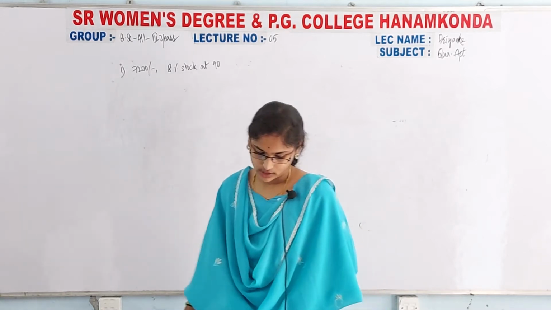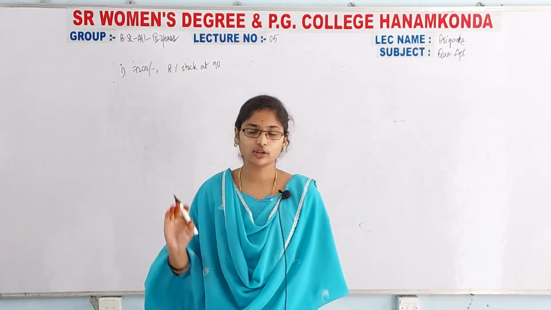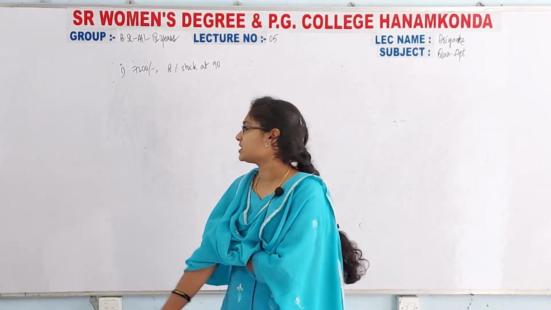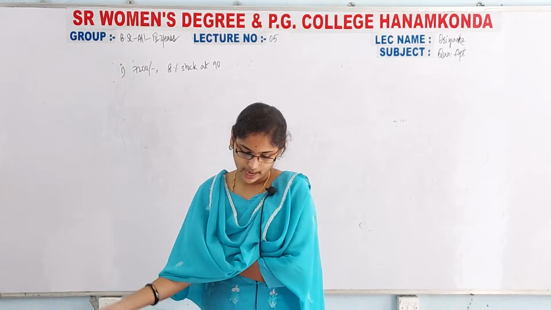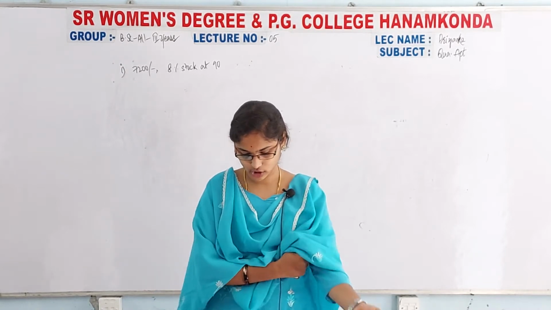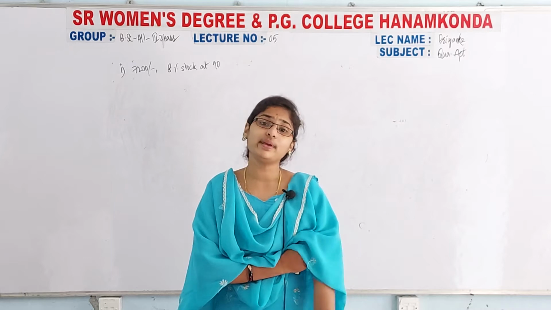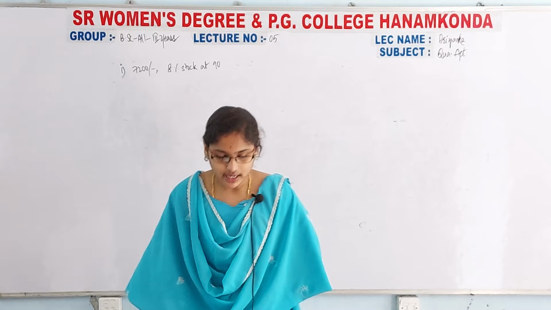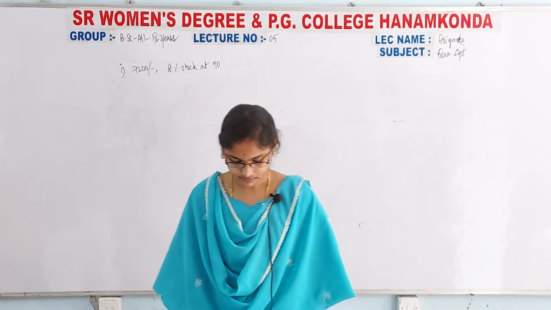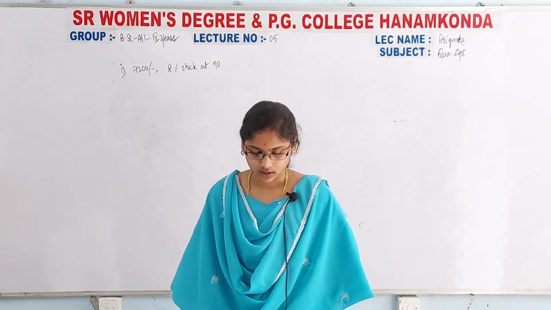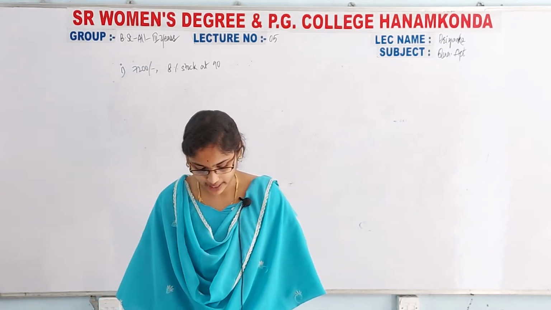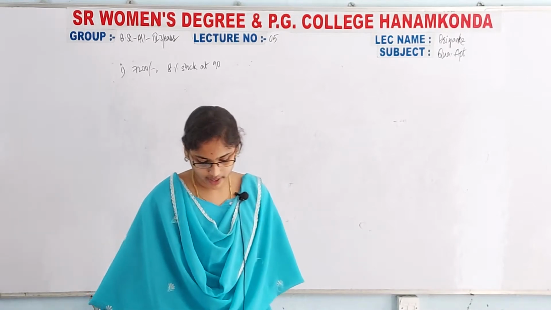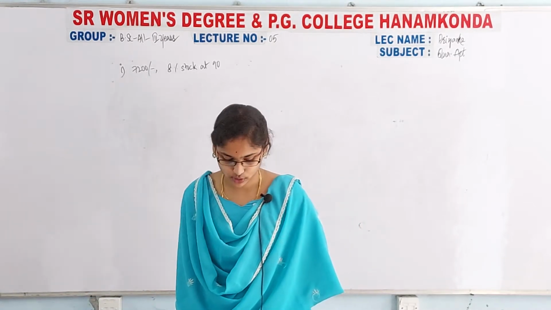Second one, 4,500 rupees, 8.5% stock at 4 premium. Next, third one, 6,400, 10% stock at 15 discount. Okay, so just take the calculator and be ready to solve this problem.